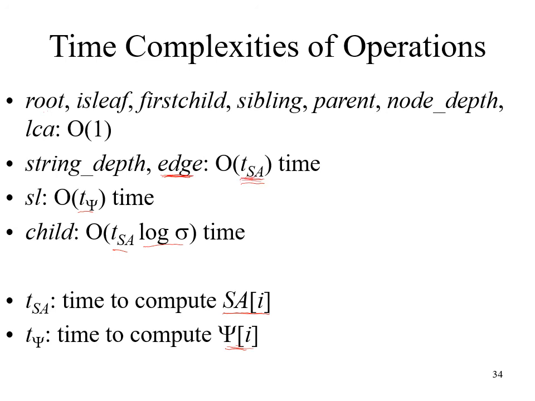So a child can be found in T sub SA times log sigma time. T sub SA is in general order log n time, so this is order log n times log sigma time. So this is a bit slow.